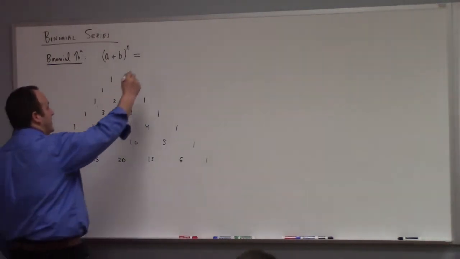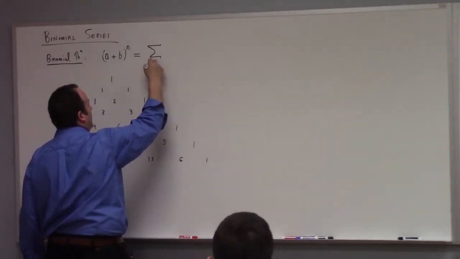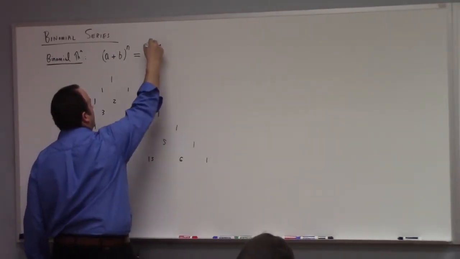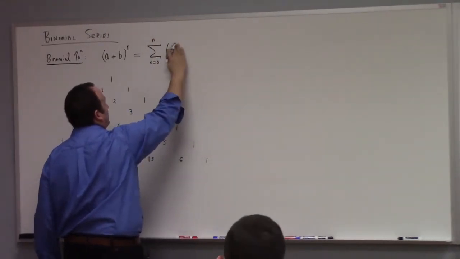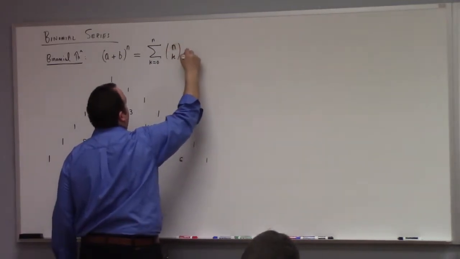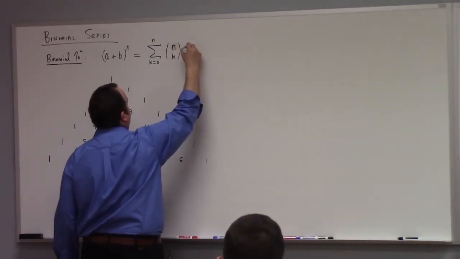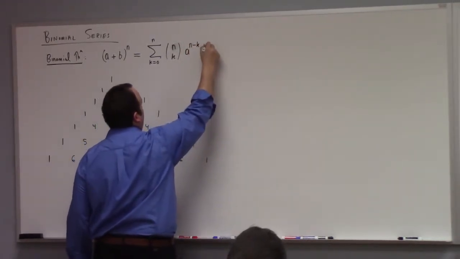So a plus b to the n is equal to the sum, k equals 0 to n, of n choose k, a to the power n minus k, b to the power k.